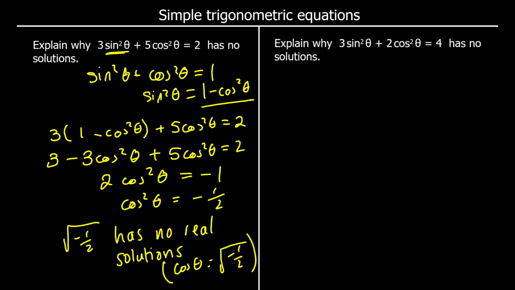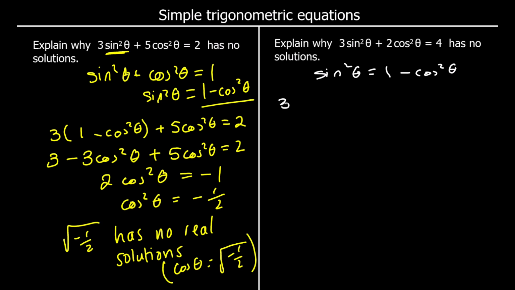Explain why 3 sine squared theta plus 2 cos squared theta equals 4 has no solutions. Pause the video and give that a go. So again, let's get rid of sine squared theta. We know that sine squared theta can be changed into 1 minus cos squared theta.